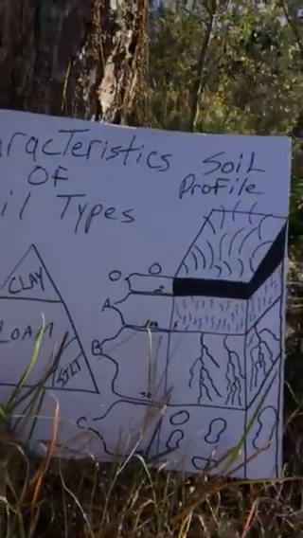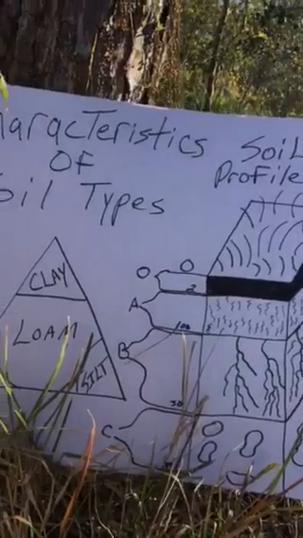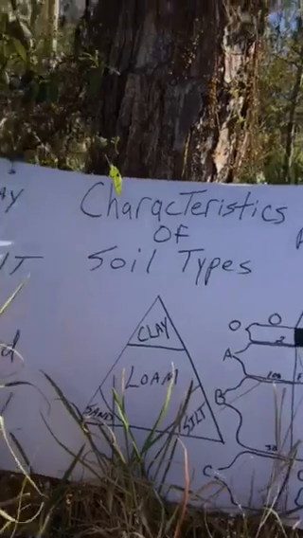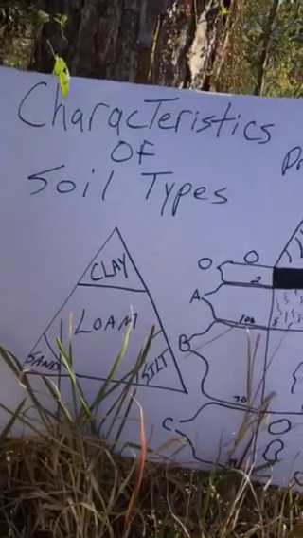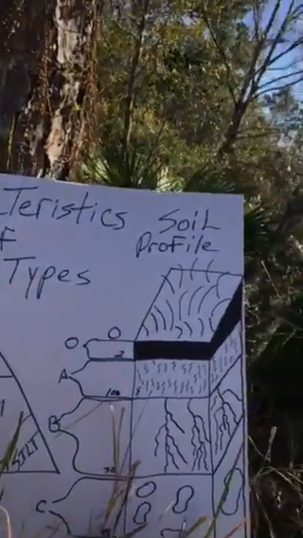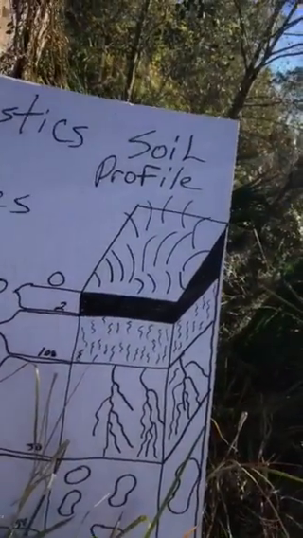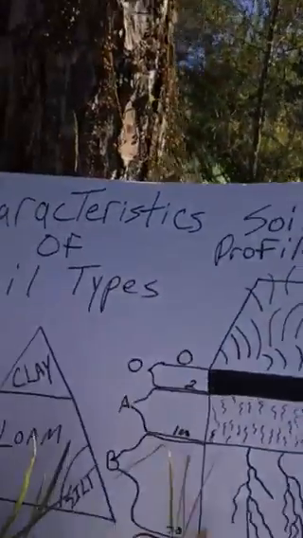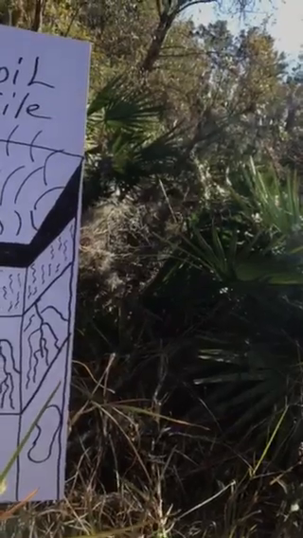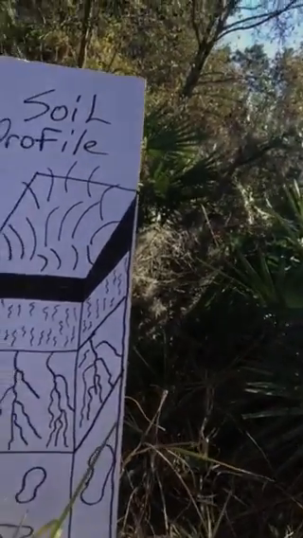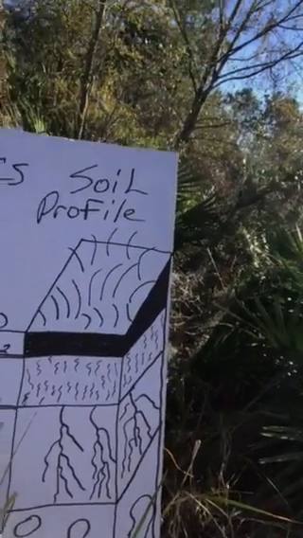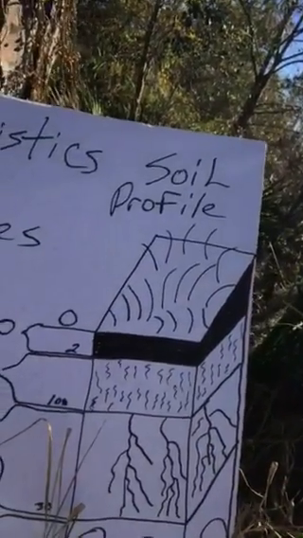So as you can see here, the characteristics of soil types are clay, loam, sand, and silt. And then I got my soil profile here where I'm showing the top layer. I don't know if you guys can see it here. The top layer of the soil, and then it varies from there. It goes all the way down to as far as rock. So let's go into it a little bit more.